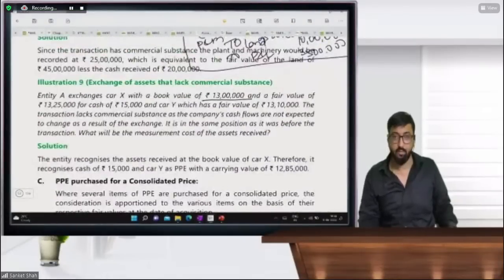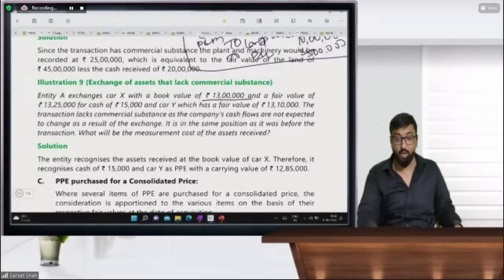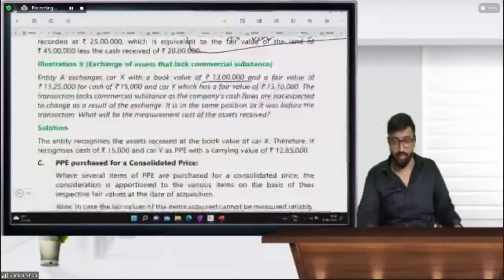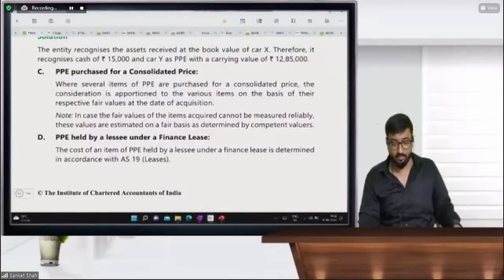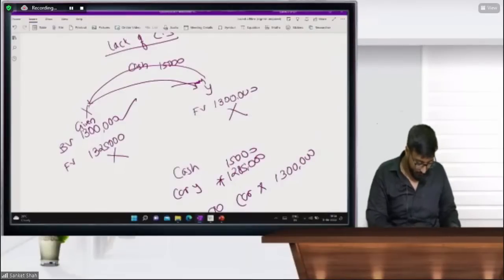Okay. But today has been a heavy dose, many concepts have been covered, many concepts. Yes, over. Got the concept? No commercial substance and commercial substance. I will leave you early, beta.